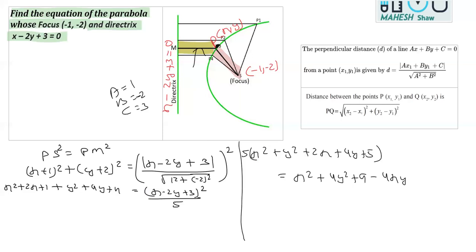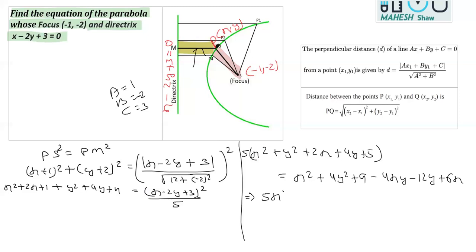Then it is 2BC, and B is minus 2y, and C is 3, so that will give you minus 2 into 3 is 6, into 2 that is 12y, and then plus 6x the same way.